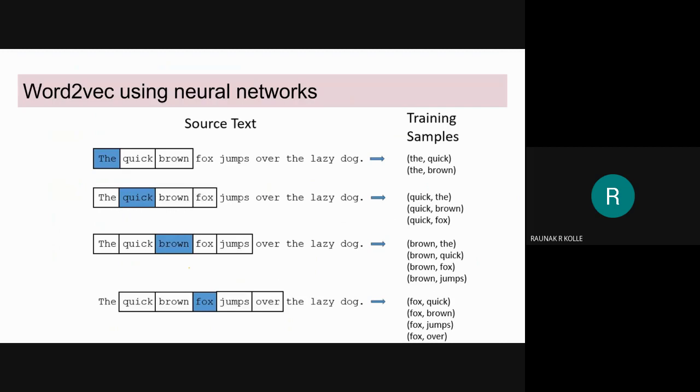And when we use quick as the keyword, we have quick and the, quick and brown, and quick and fox. So here we are seeing that every keyword can be mapped with the other words in the list of considered words. And a similar pattern follows when brown becomes the keyword and fox becomes the keyword.